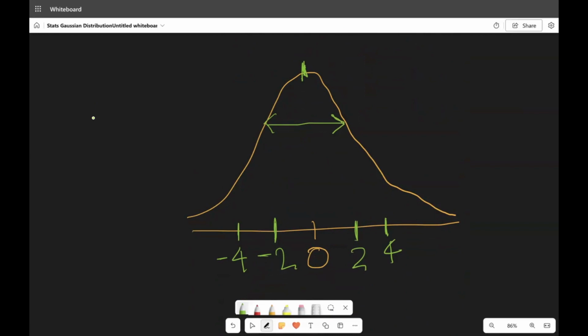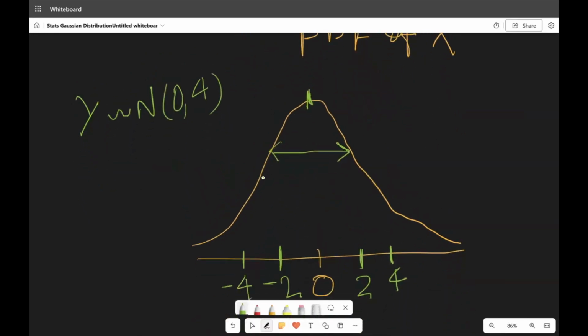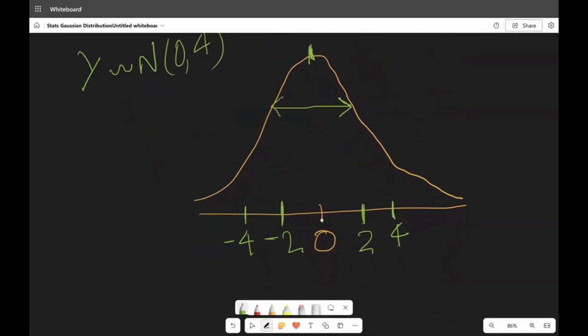Now, let's assume I have another random variable called y. This random variable also follows a Gaussian distribution with mean 0 and variance of, let's say, 4. If my x is like this, then my y would be fatter and shorter.